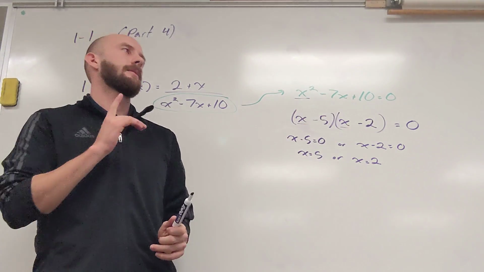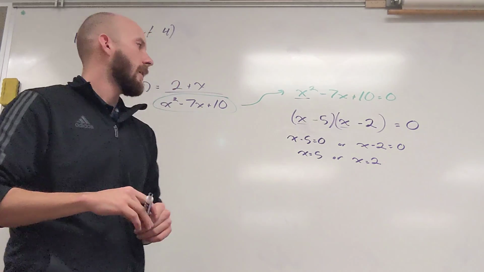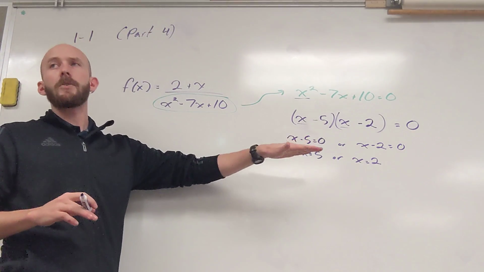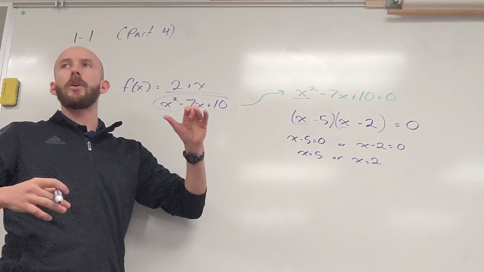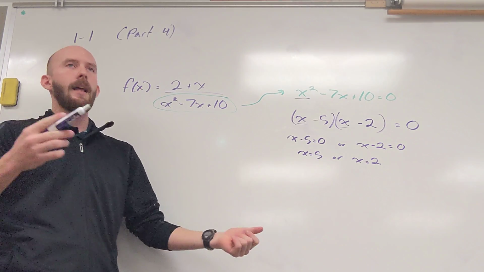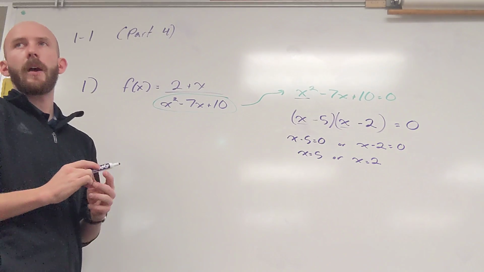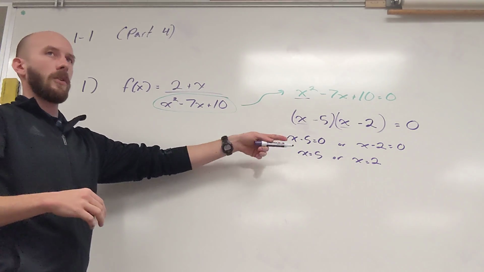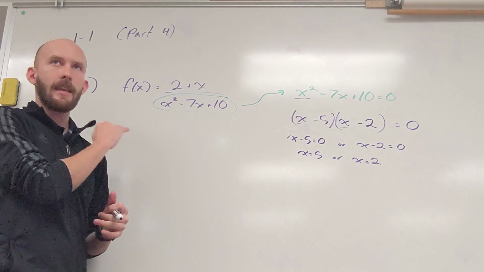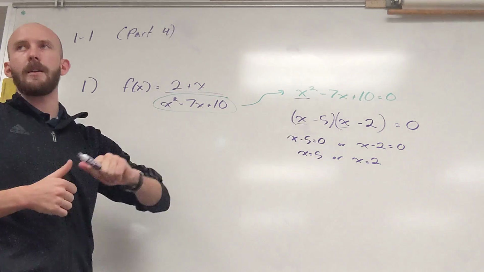So that's not our entire answer, or it's the values that we're looking for, but we're looking for the domain of the function. These are the values that are going to make this 0. Those values are going to make my function undefined, so I cannot include those in the domain.